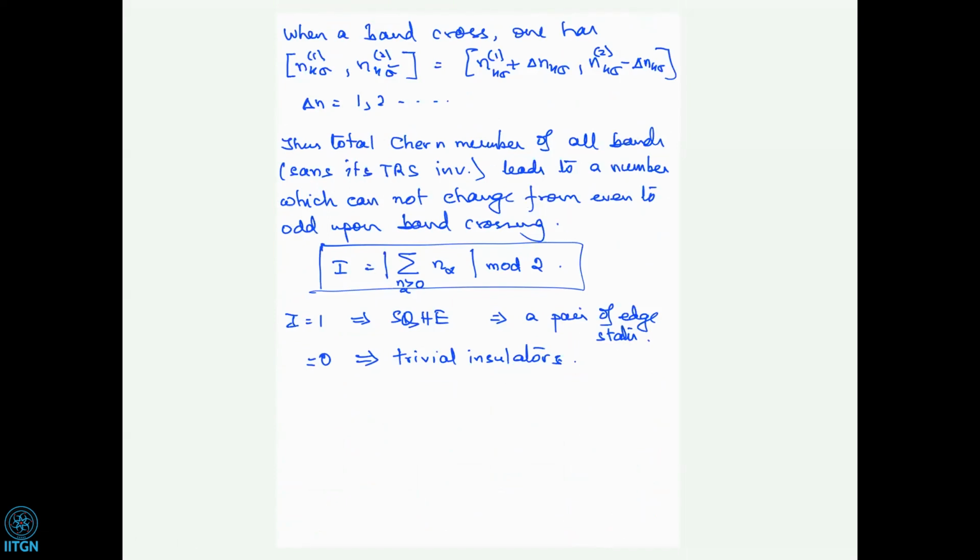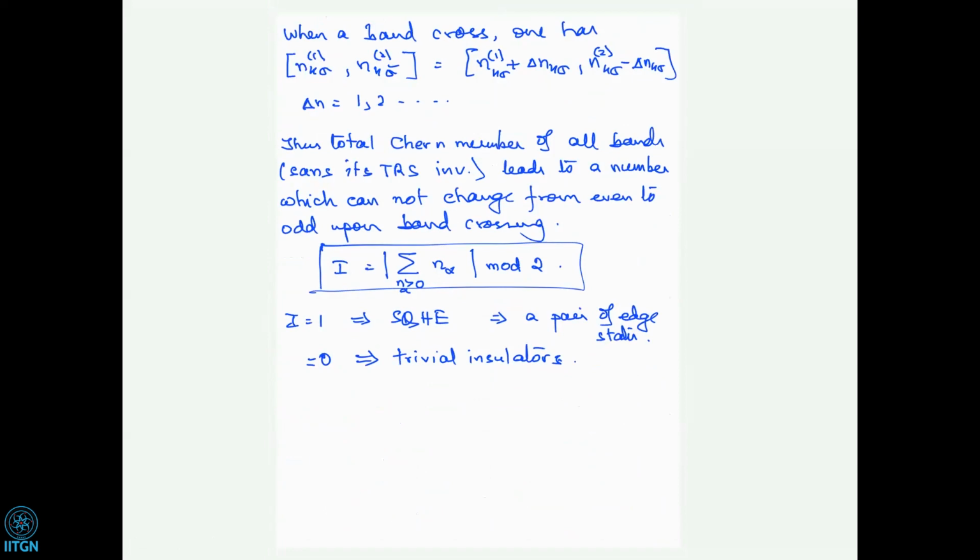It can be 2, 4, 6, 8, 10, etc. because it can be an integer at each crossing, and there are at least 2 such crossings at k0 and this time reversal invariant point. And therefore, the sum that we obtain by computing this sum over charge number, its parity, that is whether it's odd or even, cannot change upon band crossing.